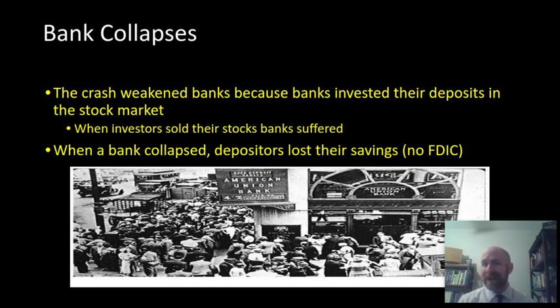When a bank collapsed and these banks fail, the depositors, me and you, the people who have checking accounts and savings accounts, they lose all their money because at the time there is no FDIC. The FDIC is going to be a program that's developed during the Great Depression to insure deposits. It's Federal Deposit Insurance Corporation.